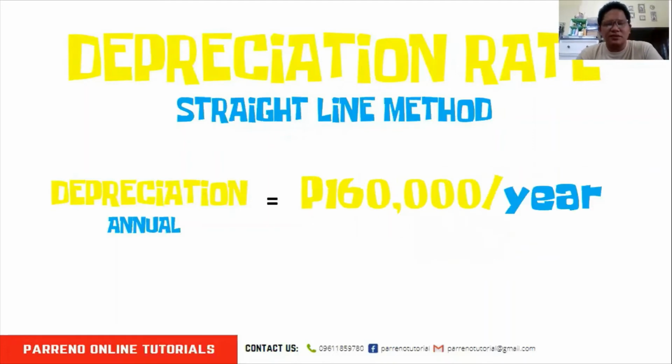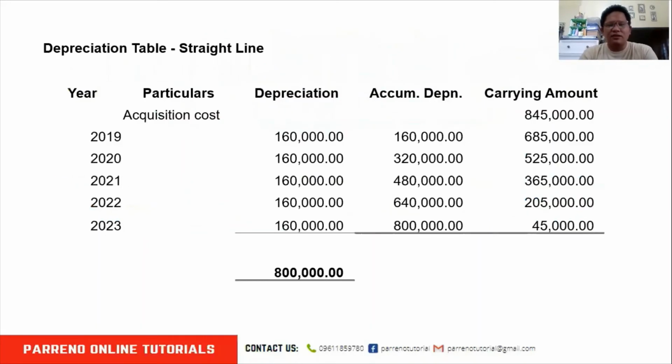So our annual depreciation is 160,000. If we plot that in our depreciation table, you will get this. You put the years here, and the depreciation expense per year. That's why it's called straight line.